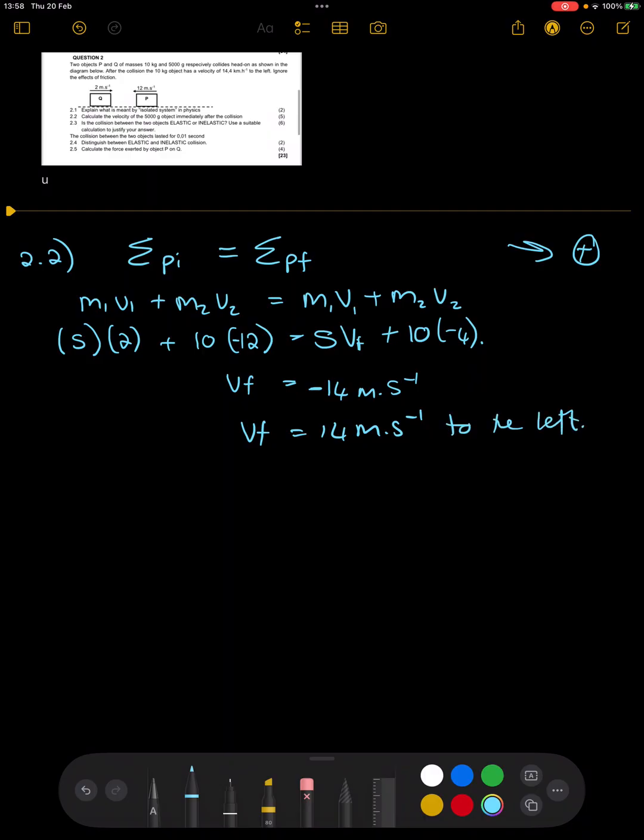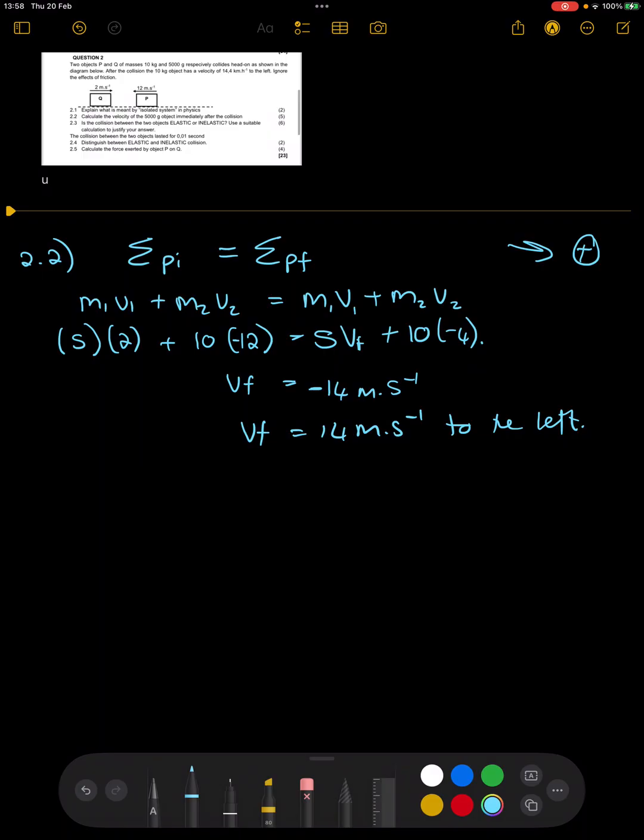Right. Then the next question is: is the collision between the two objects elastic or inelastic? So remember we said elastic means that the total kinetic energy is conserved. So if the kinetic energy before is equal to the kinetic energy afterwards, then it is elastic.